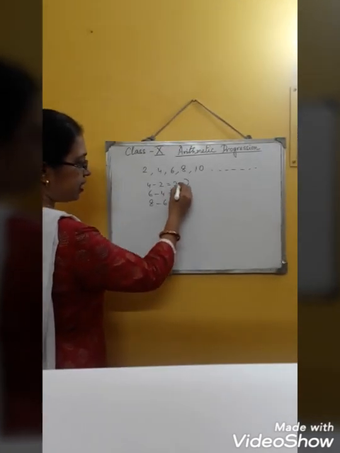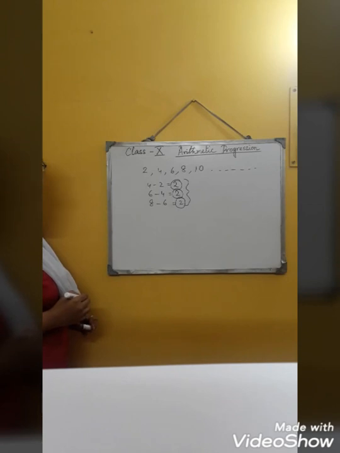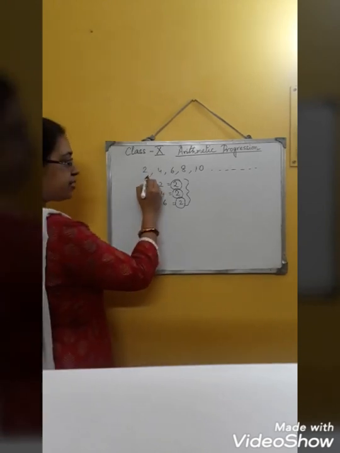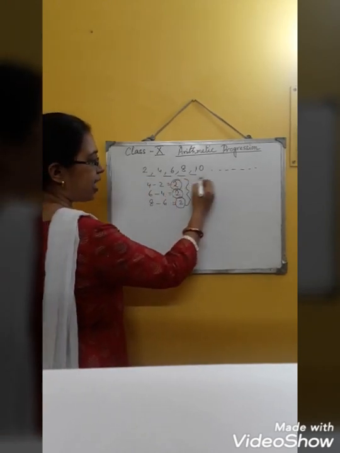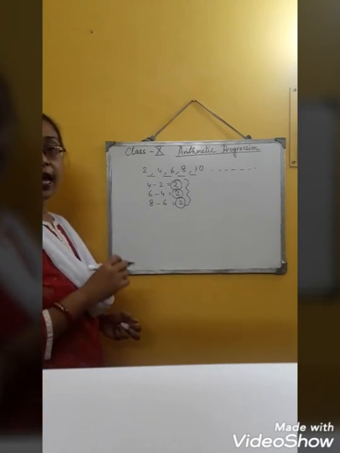So the gapping is the same in each case. When the gapping is the same in each case, that type of series is known as arithmetic progression or AP series.